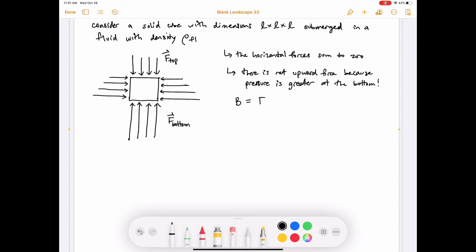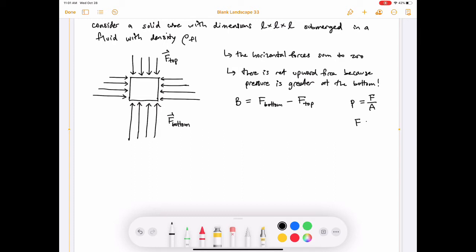And it would just be the difference between the forces acting on the bottom of the cube and the forces acting at the top. So F bottom minus F top. Let's also remember pressure is force over area by definition.